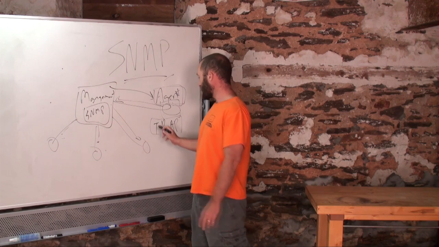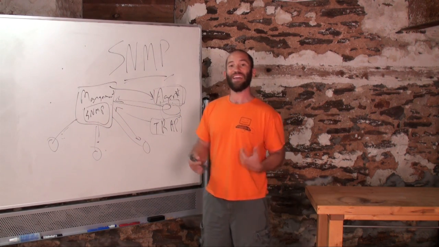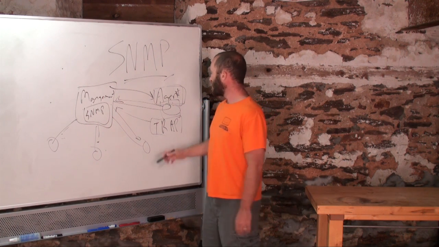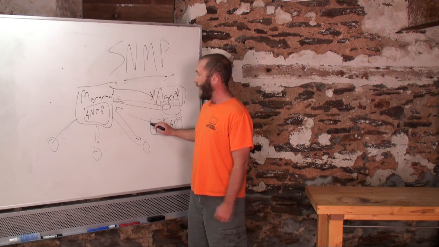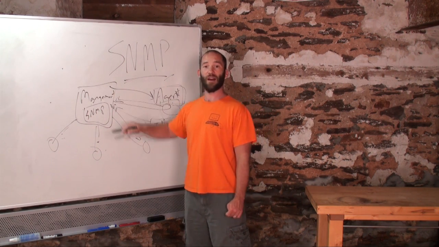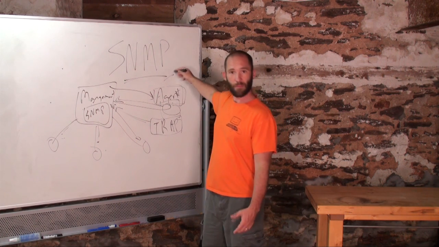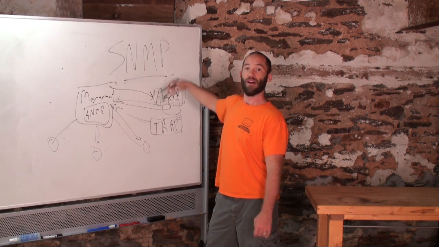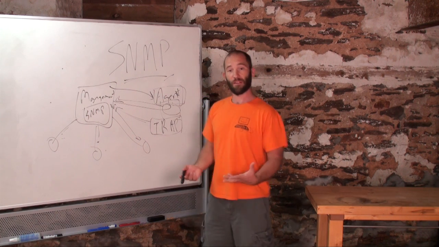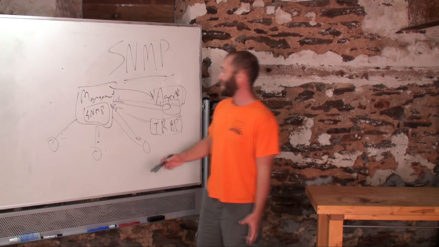Traps are alerts that actually alert the management console when an event happens. So if the CPU fan fails, you can create a trap which will send that information to the management console. The management console will then show you, the administrator, oh, PC number 578's CPU fan failed. And that's really all there is to it. It is very simple, but very easy.